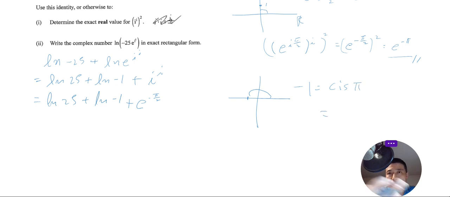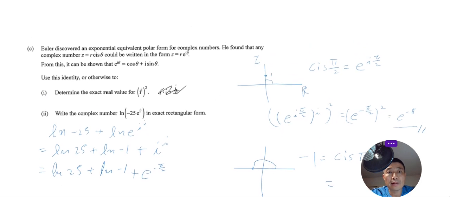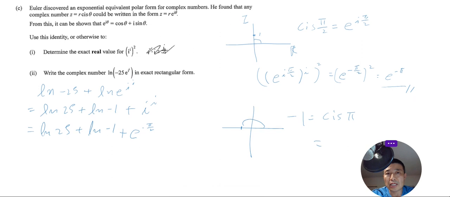In other words, in Euler's polar form, it is e to the power of i pi, right? So I can rewrite that. Then ln 25 plus ln negative 1 is equivalent to ln 25 plus i pi, plus e to the power of negative pi over 2.